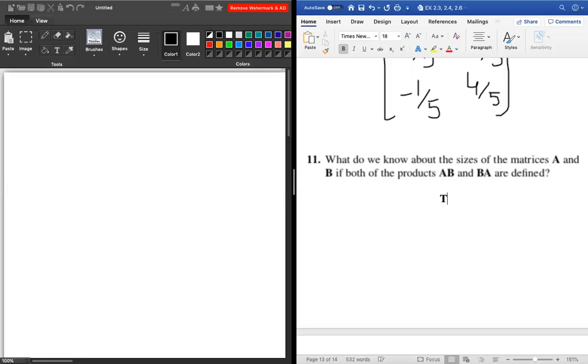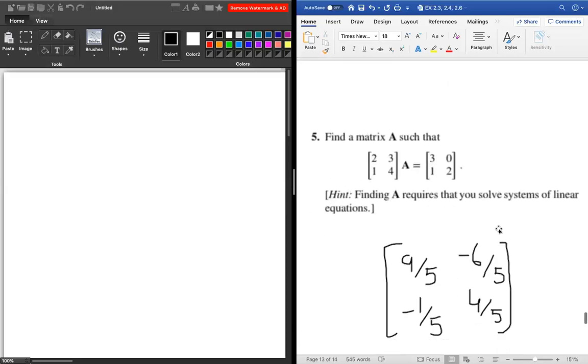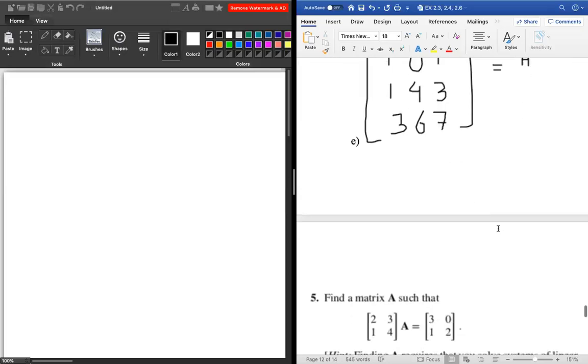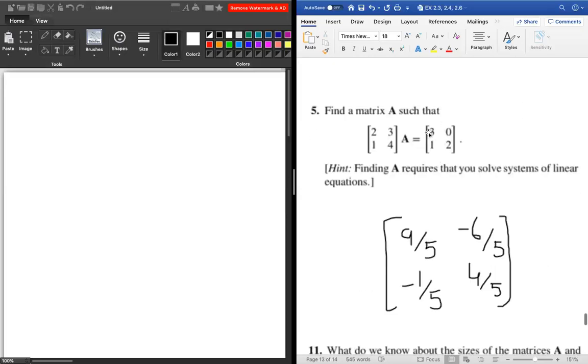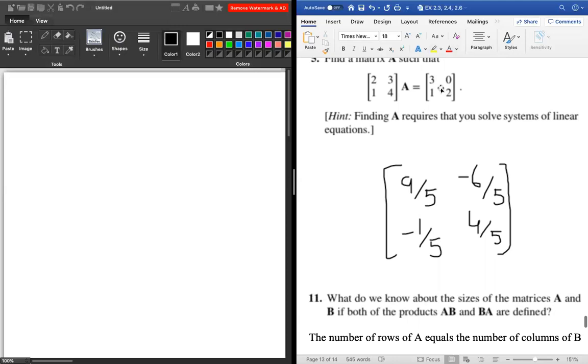So the number of rows of A equals the number of columns of B, if the product is defined.